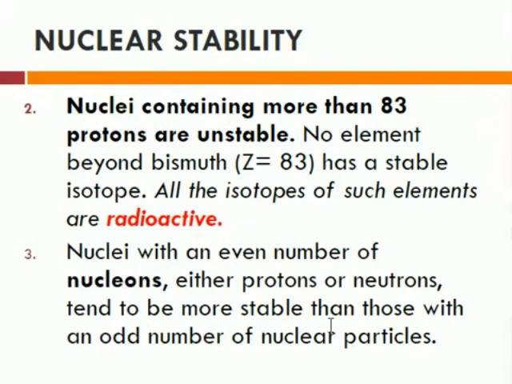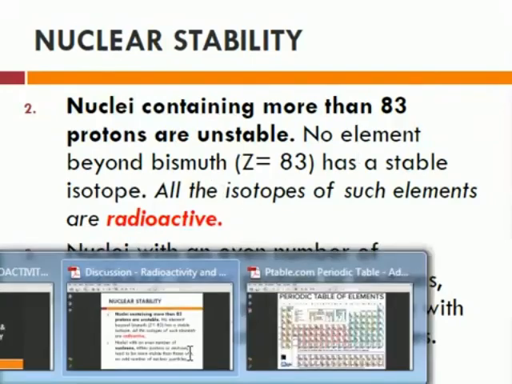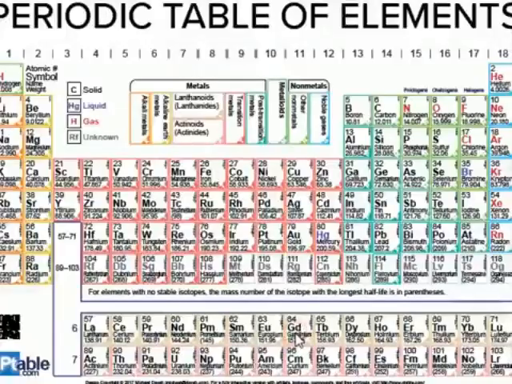Number 2: nuclei containing more than 83 protons are unstable. Let's see in the periodic table. 83 is bismuth.